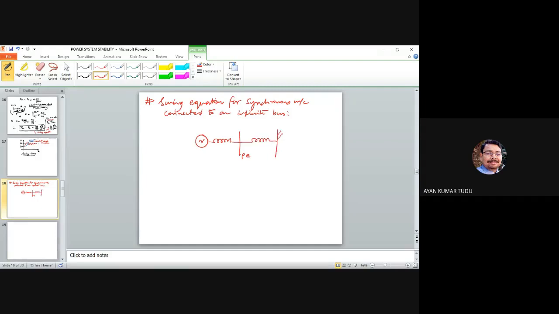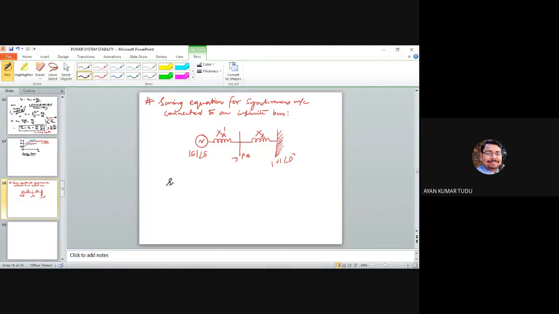As you can see, this is our infinite bus and this is our synchronous generator, which is connected to the infinite bus through the transmission line XL, suppose. So what is the swing equation then?